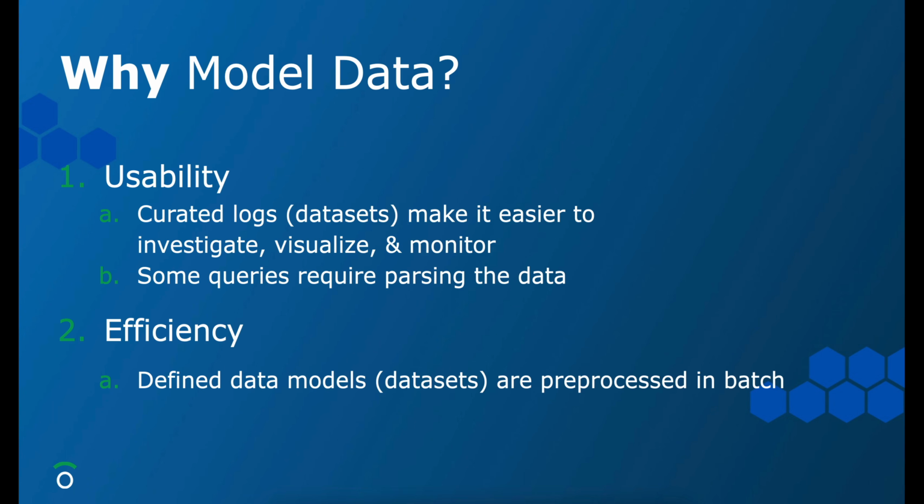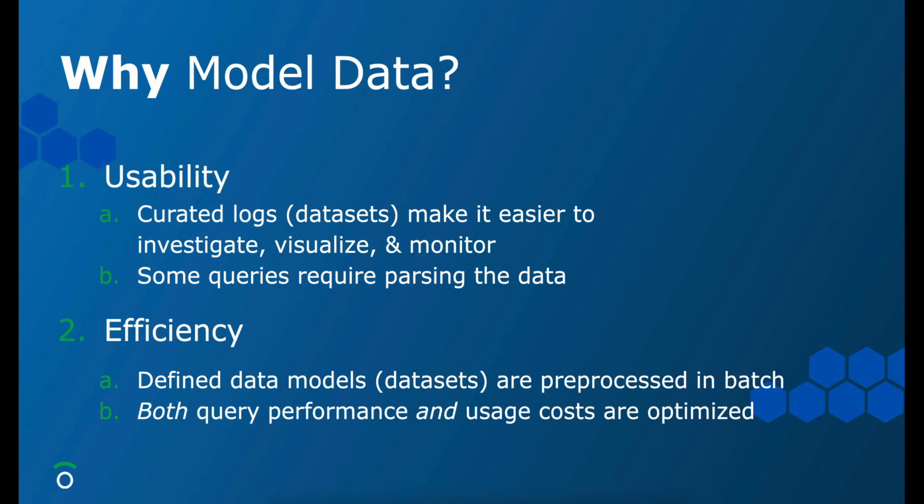By taking the incoming data and performing predefined data transformations that we set up in advance, we can allow our optimizer to best process that data so that it is both most efficient in terms of query performance, but also most efficient in terms of usage cost and the underlying computation required to perform such a query.